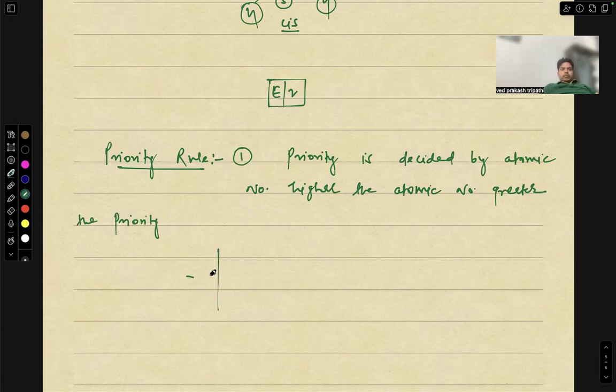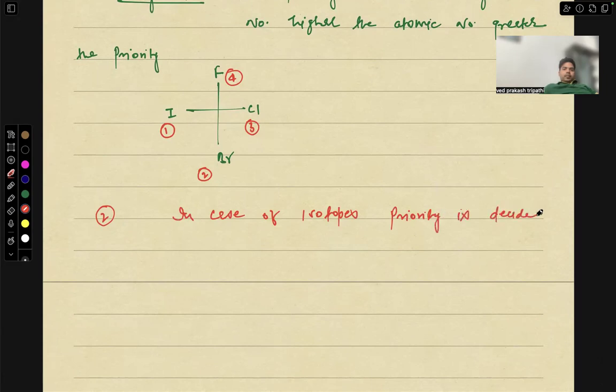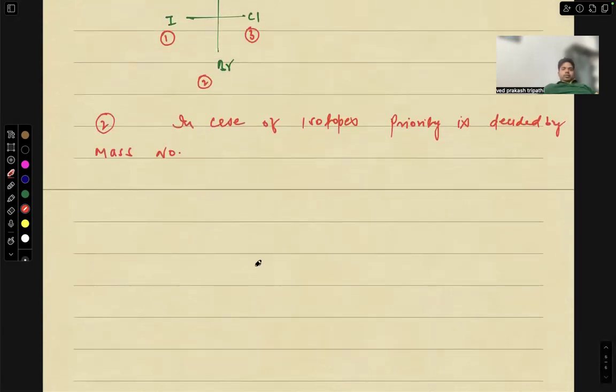Like this. So if you are going to assign the priority here, so iodine have the highest, then bromine, then chlorine, and then fluorine. The second rule, in case of isotopes, priority is decided by mass number. For example, suppose we have this one.